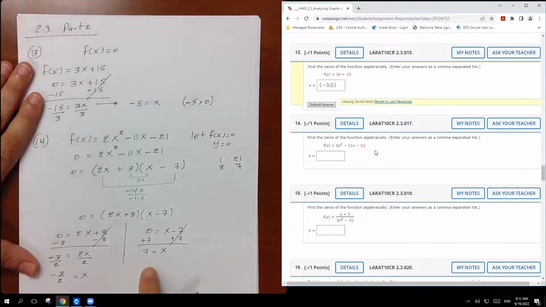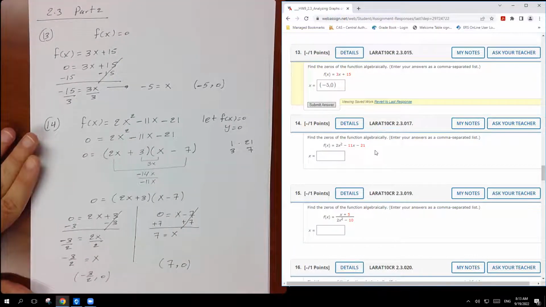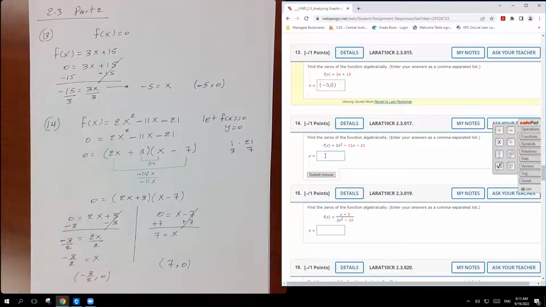So let's write down the result as a zero, which means the x-intercept. I'm going to write down the x coordinate and the y is 0. And on this side, this is the x coordinate and the y is 0. That's why we call them zeros. That means the same thing, the x-intercepts. Let's go a little bit up. I have two solutions here.